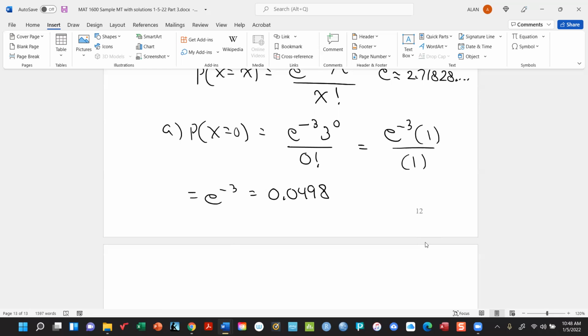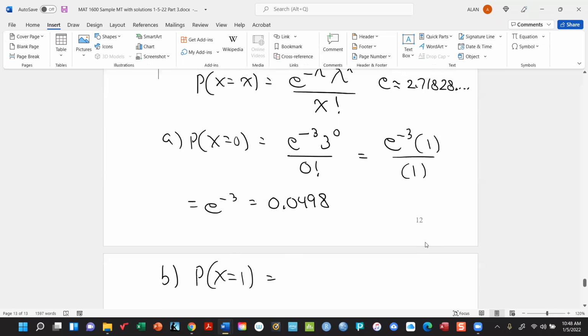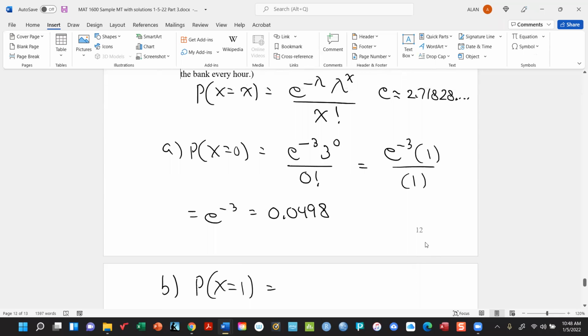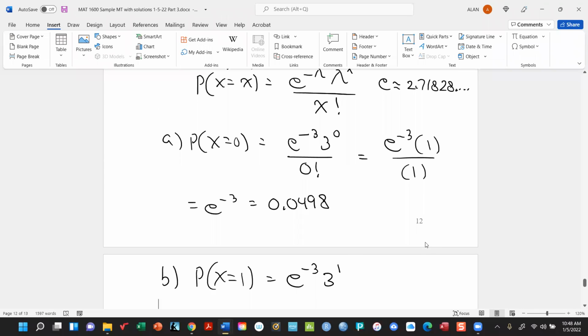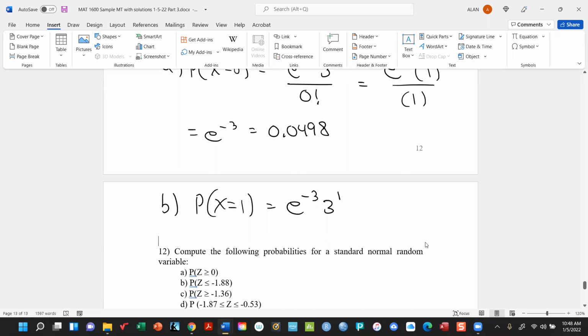All right, and the rest are done in exactly the same way. B, for example, is the probability that x equals 1. So now remember the formula tells us we have e to the minus 3. 3 is lambda. 3 is now raised to the first power though. And in the denominator, we have 1 factorial because that is x factorial.